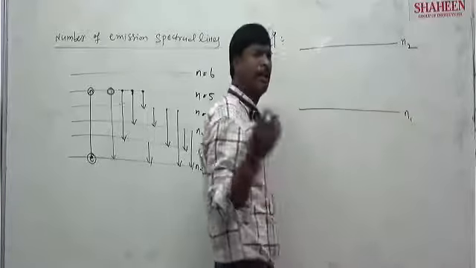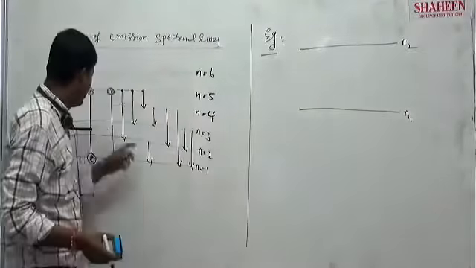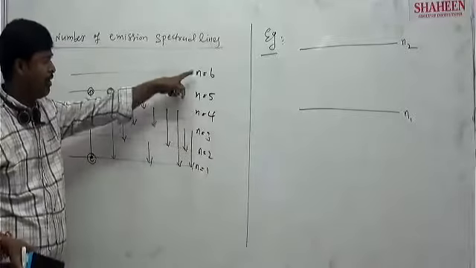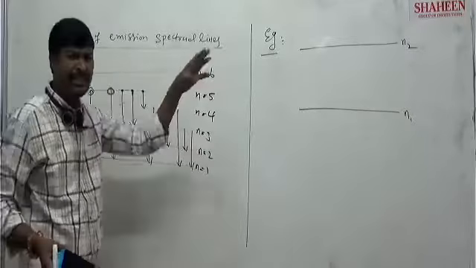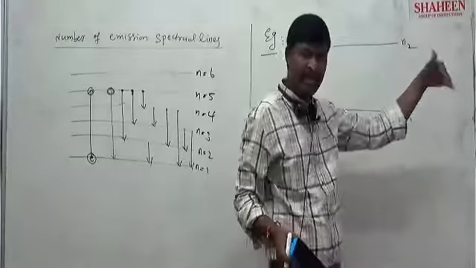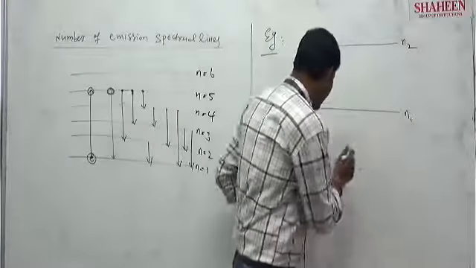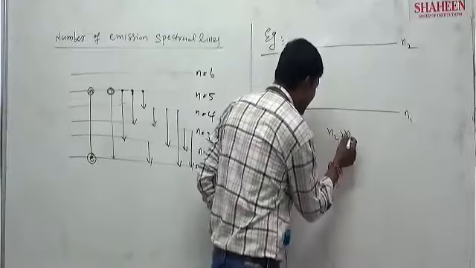That N1, N2 can be anything, maybe it is excited from fifth to 1 or fifth to third or 4 to 2. N1 can be any lower energy level and N2 can be any higher energy level. So the condition is N2 should be greater than N1.